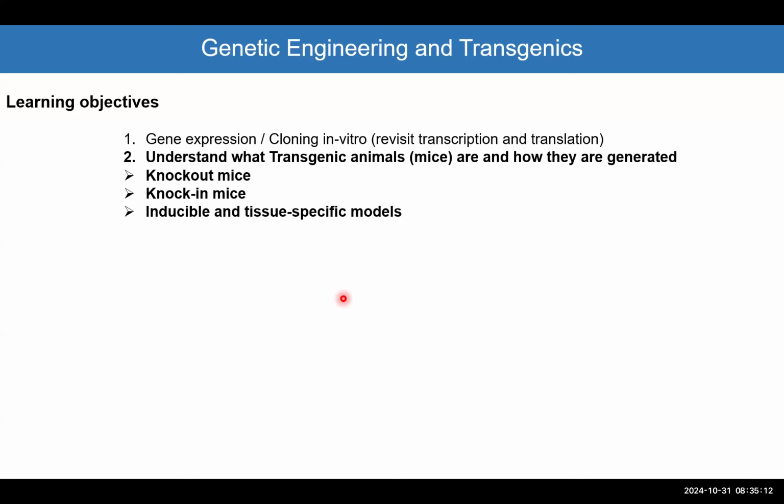And then we moved into generating a knockout animal, which means we are knocking out or deleting a gene. This is somehow also not controlled because, if you remember, we mentioned that in conditions where you delete certain genes, it could be lethal, and therefore you cannot study that mouse model.